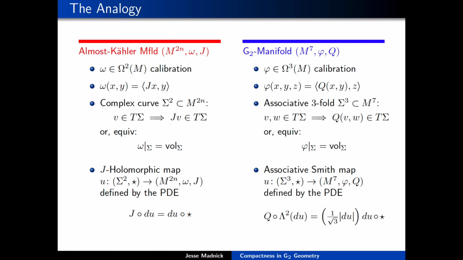And in both cases, you have a distinguished class of submanifolds, and these are defined by really similar-looking conditions. Clearly, the condition of being associative is very similar to the condition of being a complex curve. There are even these equivalent characterizations in terms of the forms. And again, in this analogy, the J-holomorphic maps are defined by this first-order PDE system, the Cauchy-Riemann equations, and the associative Smith maps are defined by this analogous PDE system. The only slightly unusual thing is this factor here. But again, this factor is there for a good reason. It's to make this equation conformally invariant.